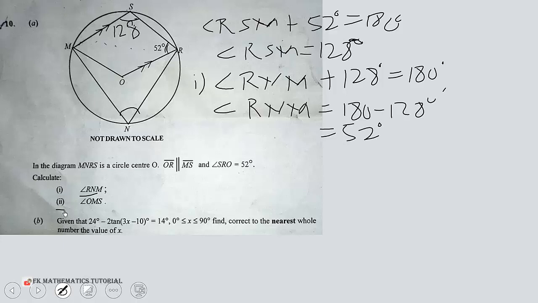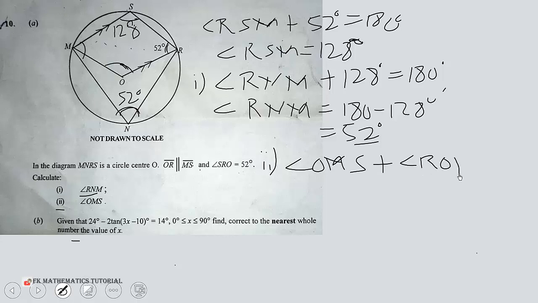Now let's look at part two. It is asking us to find angle OMS, which is this angle here. Now this angle and this one are also co-interior angles. So angle OMS plus angle ROM should be equal to 180 degrees.